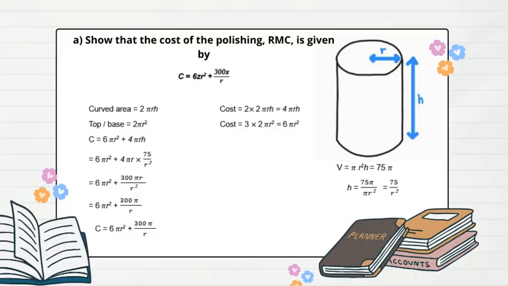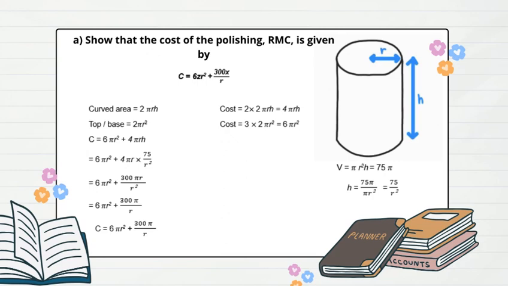Well, let's first of all draw the situation, just a rough diagram of a cylinder. It told us the radius, and here we have the height, and the cylinder has a volume of 75 pi centimeter cubed. Let's write it in math. This is part A we're doing now. We are told that the volume is 75 pi, which is pi r squared times h, equal to 75 pi.